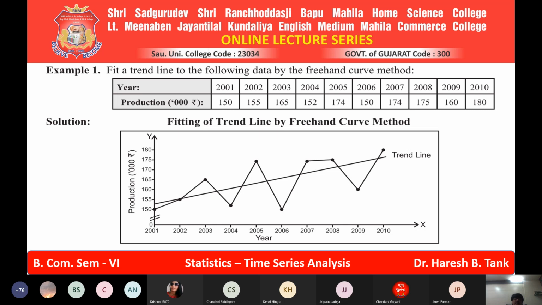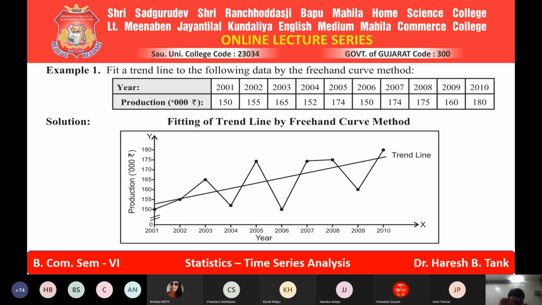Now, the first thing to be done is to plot all the points on graph paper. While plotting, this is nothing but x and y. Your x is 2001, which comes somewhere very near to 0. In this case, x-axis 2001 and y-axis 150.